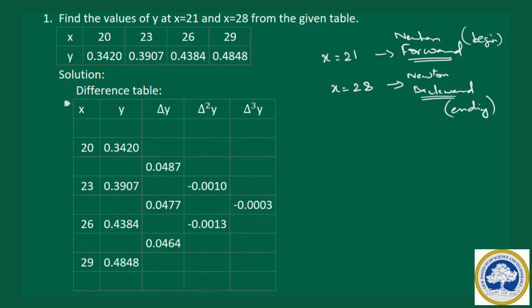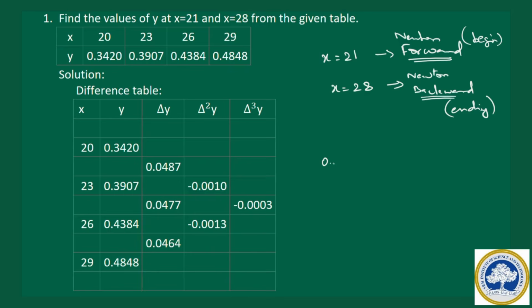For the first order difference delta, always, as I told you, it is the second value minus the first value. That is here 0.3907 minus 0.3420 will give you 0.0487. Similarly here 0.4384 minus 0.3907 will give you 0.0477, right? So likewise we have to calculate.